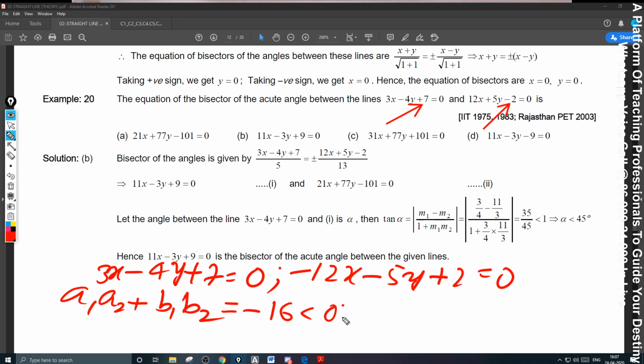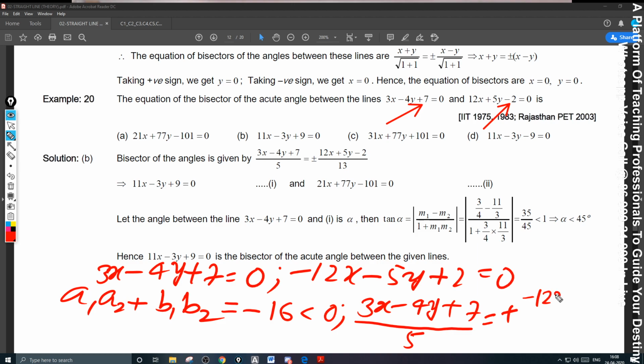So 3x minus 4y plus 7 divided by 5. A1, A2 plus B1, B2 is negative here, so you have to take plus on the same line.